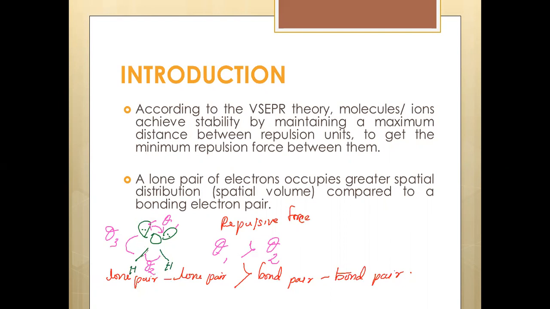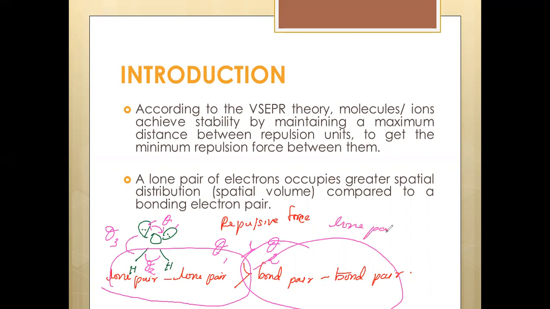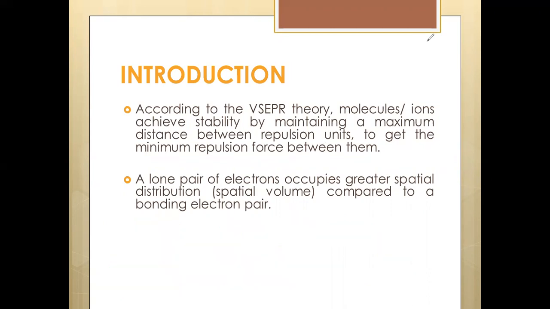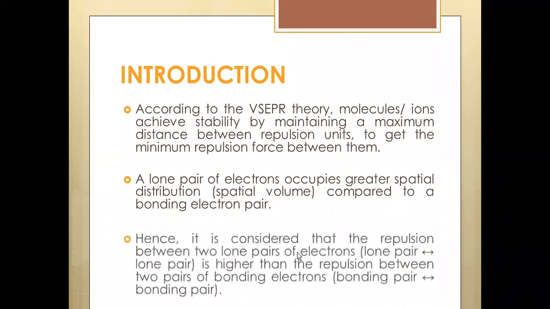We said the repulsion between the lone pairs should be higher than between the bonding pairs, and the lone pair and bonding pair repulsion should be intermediate. That's all. This is what we are talking about in the next slide. Let's move on to the next slide.